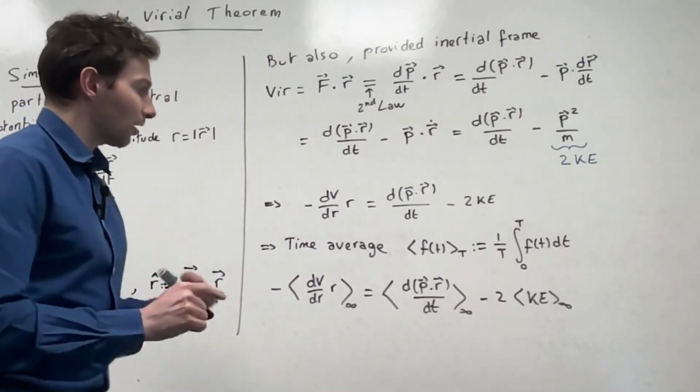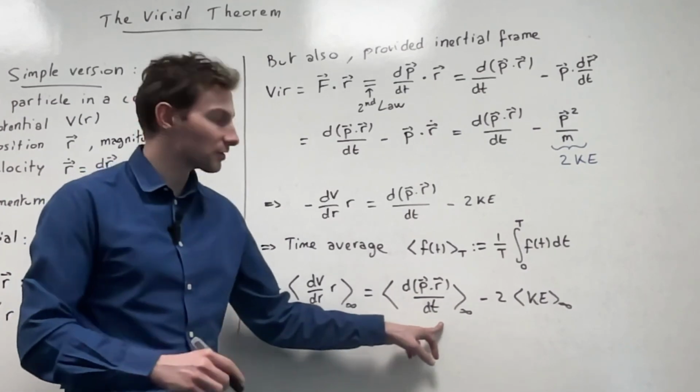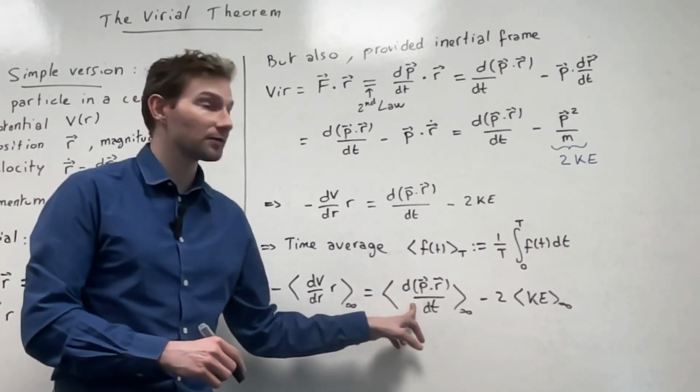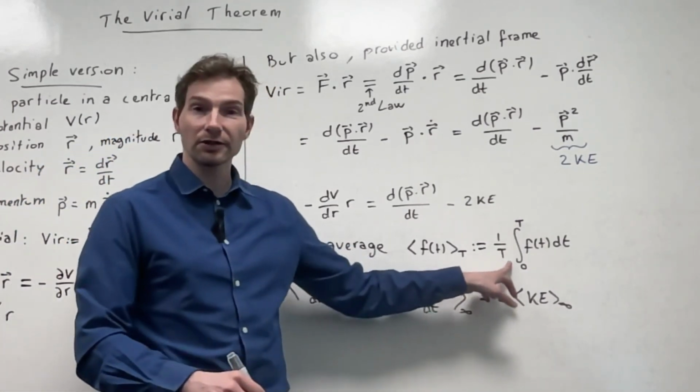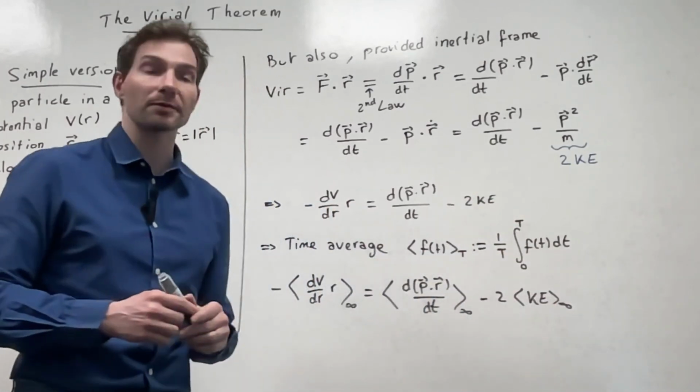Okay? Now, what we are going to do here is basically calculate this thing, because this is a time derivative, and this is a time average that involves an integral, which is an antiderivative with respect to time.